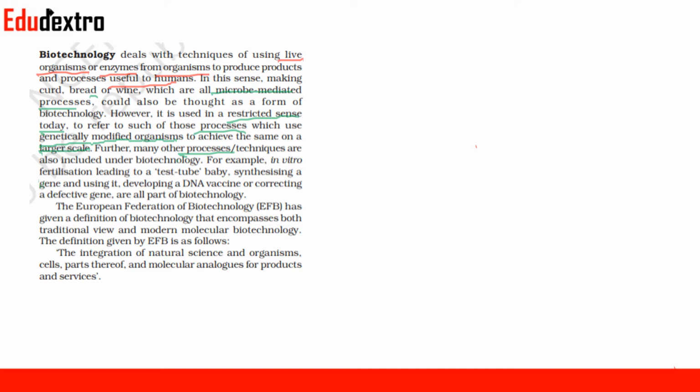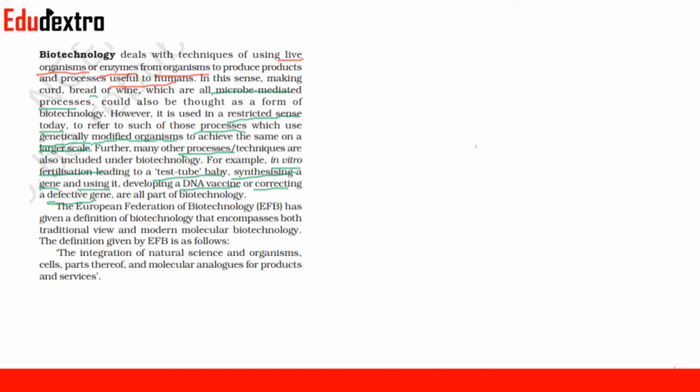For example, IVF, that is in vitro fertilization, which leads to a test tube baby, is also considered under biotechnology, and synthesizing a gene and using it is also considered under biotechnology. Developing a DNA vaccine is also biotechnology, and even correcting a defective gene is also part of biotechnology.